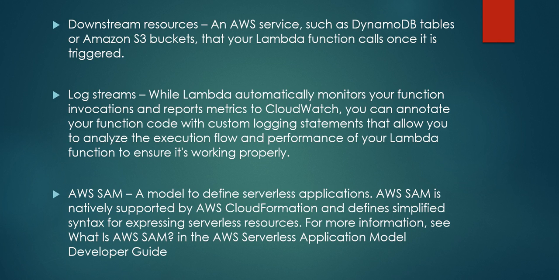So if we annotate the function code with custom logging statements, we can make sure how the execution flow is working and how the Lambda function is performing. We can report those metrics to CloudWatch so that we can see the graphical format of how the performance of the function is going through these log streams.